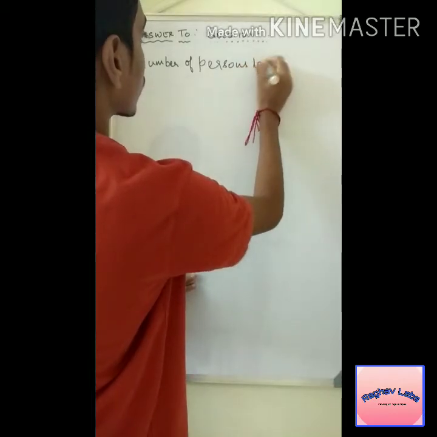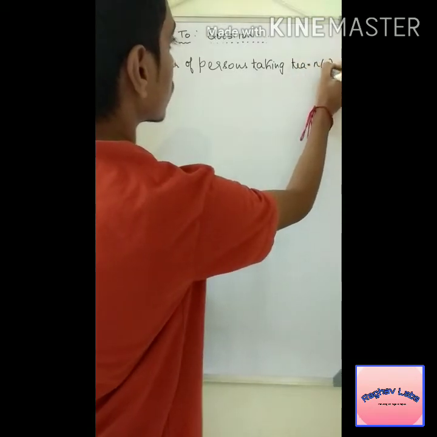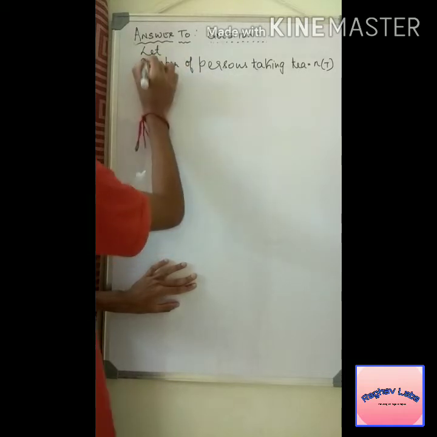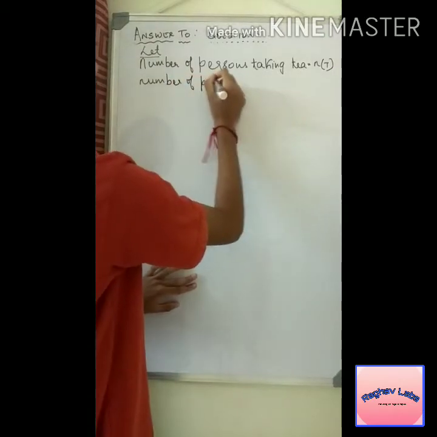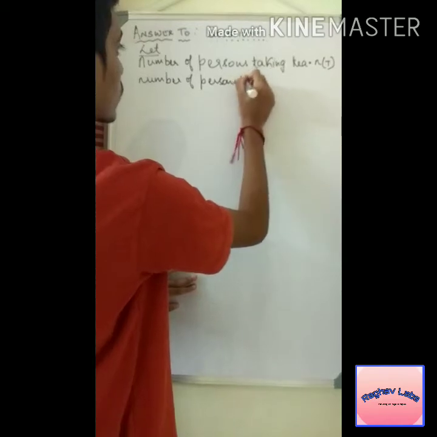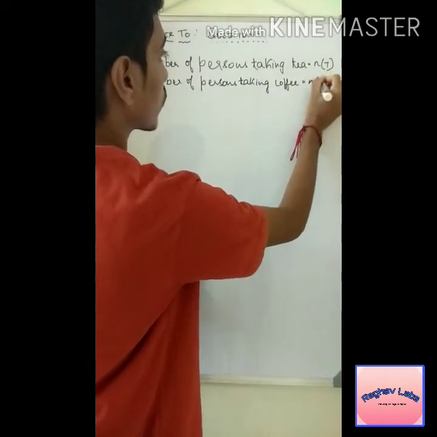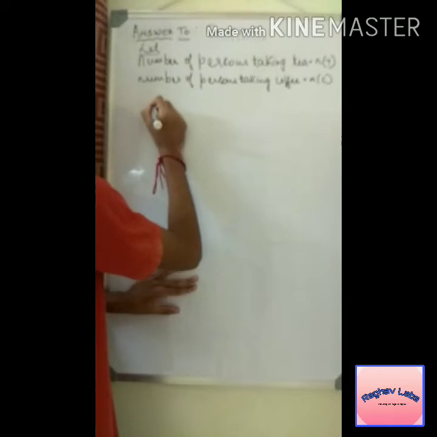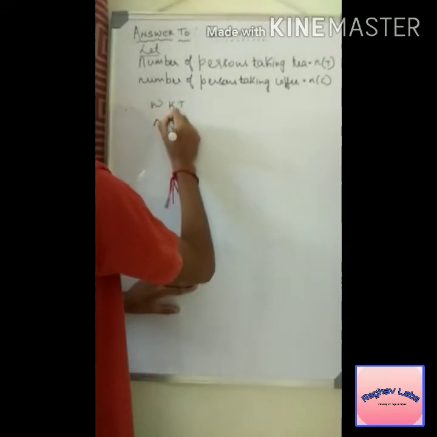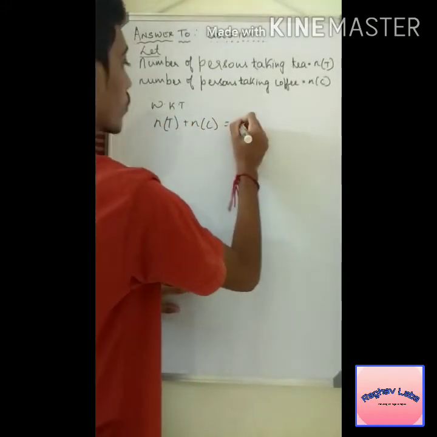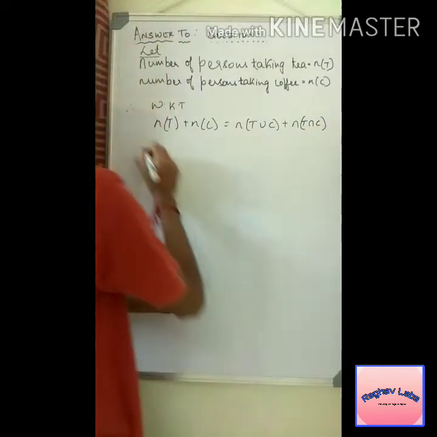Let's say it is n of T, right? Number of persons taking tea is equal to n of T. Number of persons taking coffee is equal to n of C. We know that n of T plus n of C is equal to n of T union C plus n of T intersection C, right?